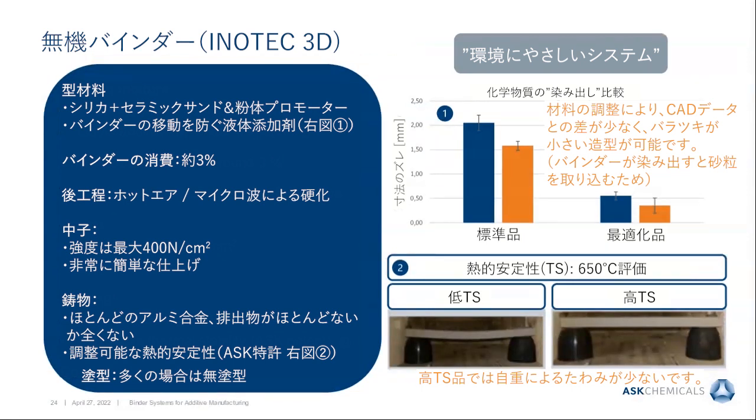By adjusting the thermal stability, this behavior can be compensated for, and therefore the samples remain stable. In terms of coating, mostly there are no coatings used in this kind of application.